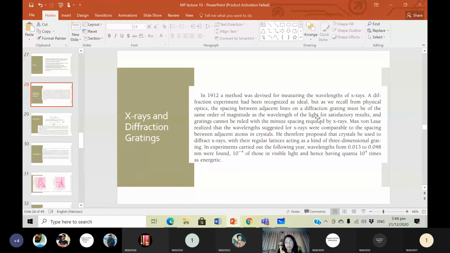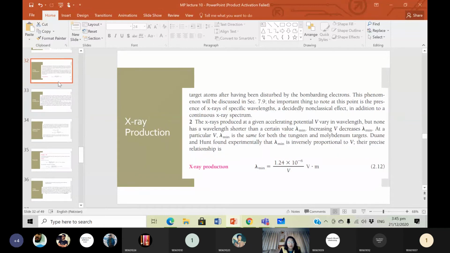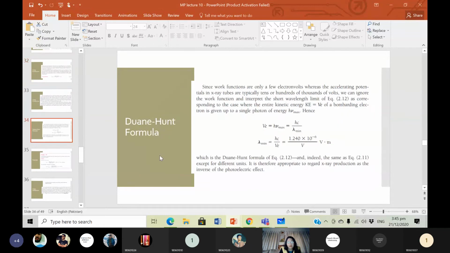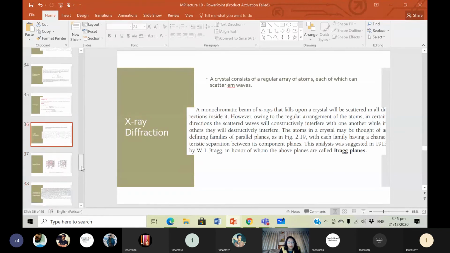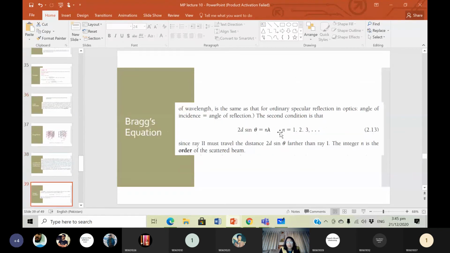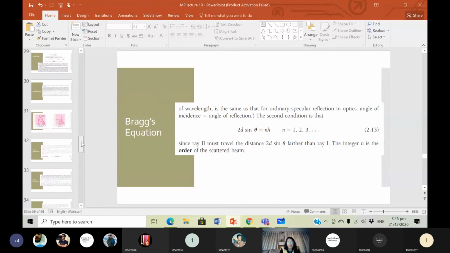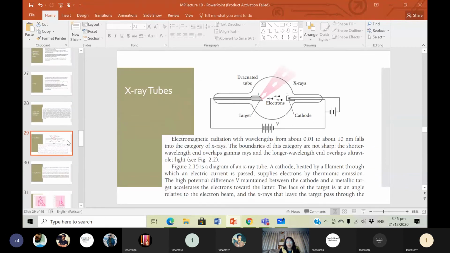But as we recall from physical optics, the spacing between adjacent lines on a diffraction grating, basically, we will use the formula of diffraction, this condition for constructive interference, to find out the X-ray wavelengths.